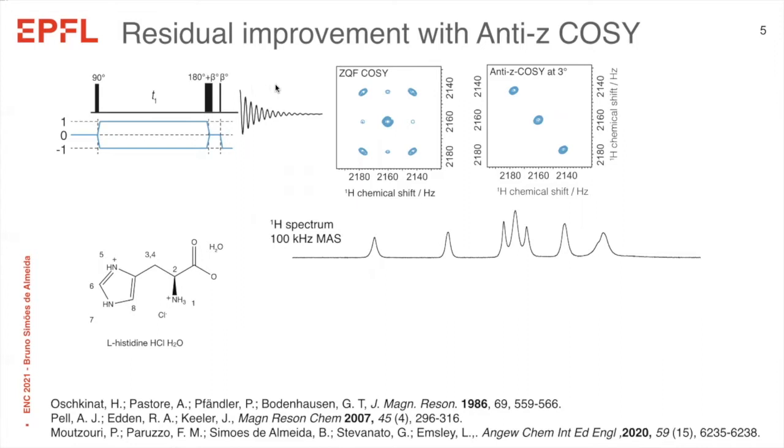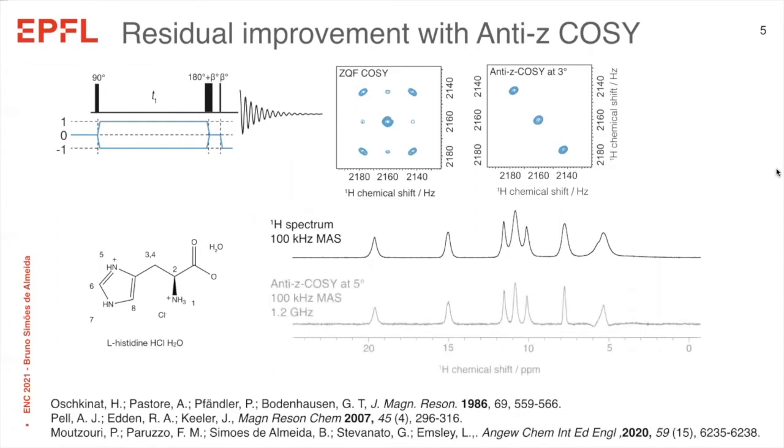This is clearer if we look at the 2D simulated spectrum for both experiments, and we see that with Anti-z COSY we select only the anti-diagonal peaks, and from this 2D we can extract the 45-degree projection, and this will give us the 1D proton spectrum free of the residual coupling.